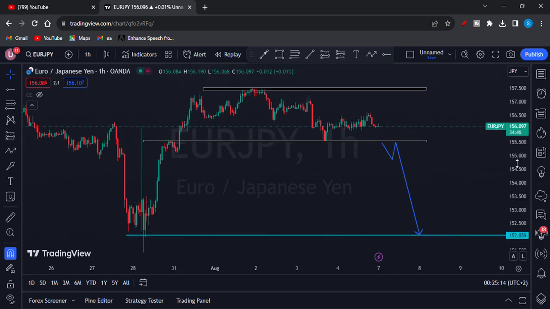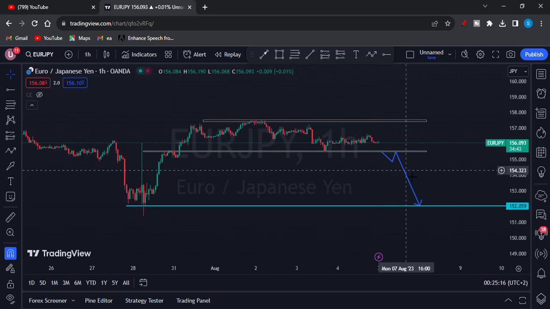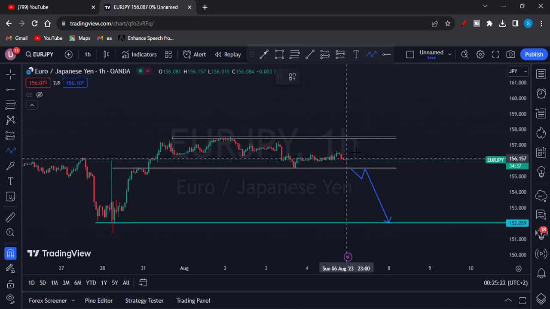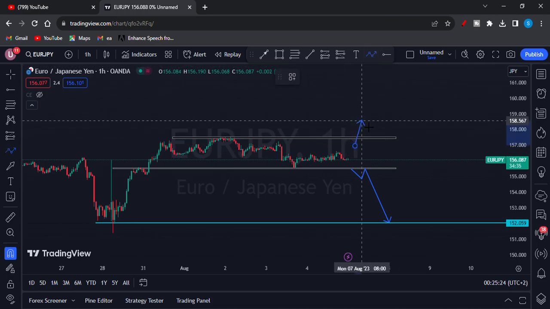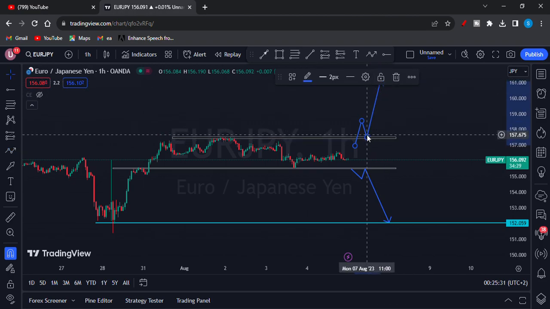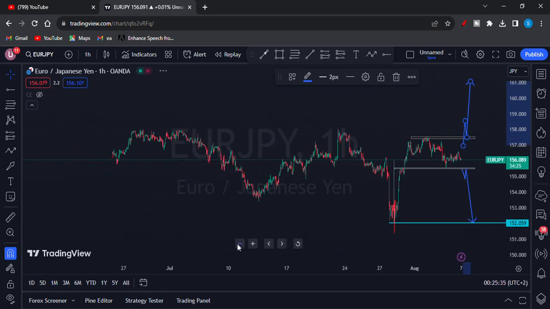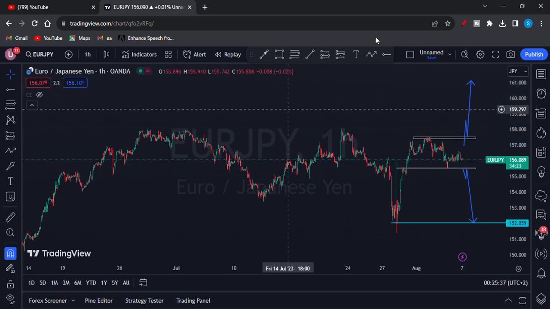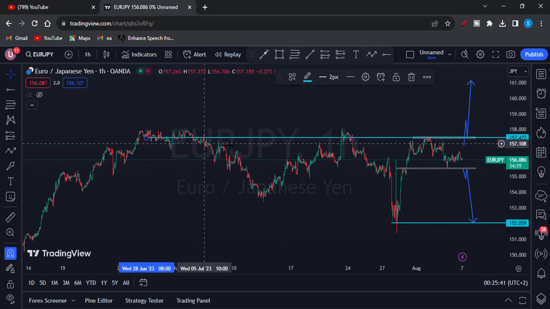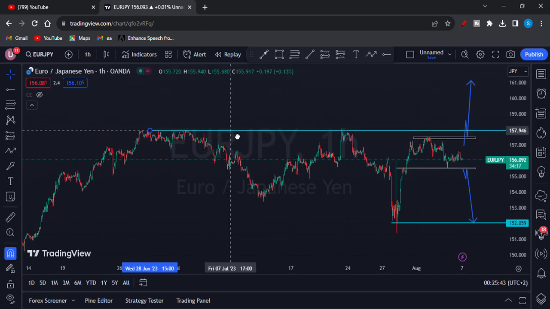And then if this doesn't happen, then I'll wait to clear up these areas, and then wait for break, retest, and then buy around these areas here. So my potential TP is going to be right here.